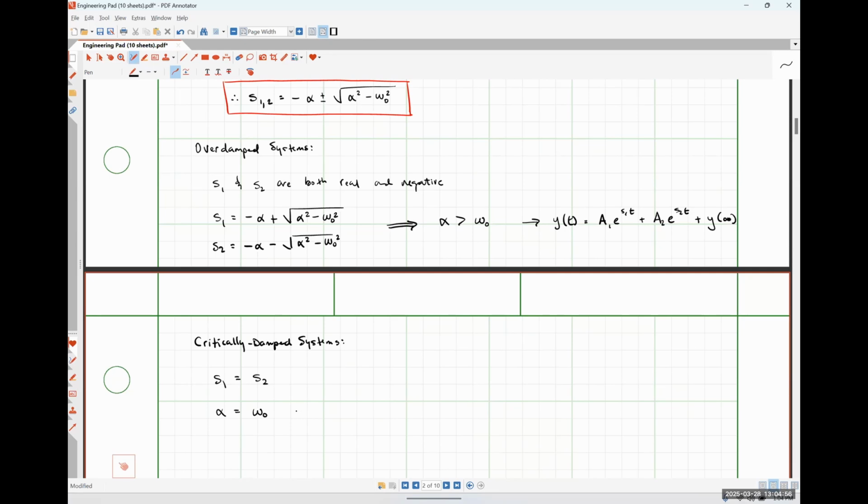So instead, we have to adapt our response equation. And so we're going to have something like y of t is equal to a1 times t e to the negative alpha t plus a2 e to the negative alpha t plus y at infinity yet again.